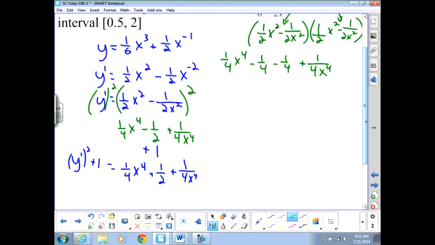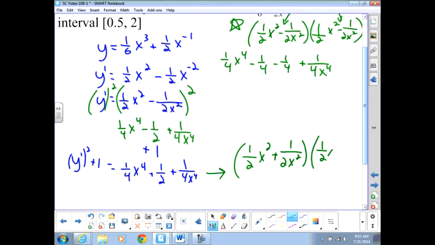So what that means is this thing actually factors. It factors into what we had up here, but just with pluses instead of minuses. This really factors into 1 over 2x squared plus 1 over 2x squared times 1 over 2x squared plus 1 over 2x squared. So the same thing we had before, but now with pluses. And it just switched that sign.